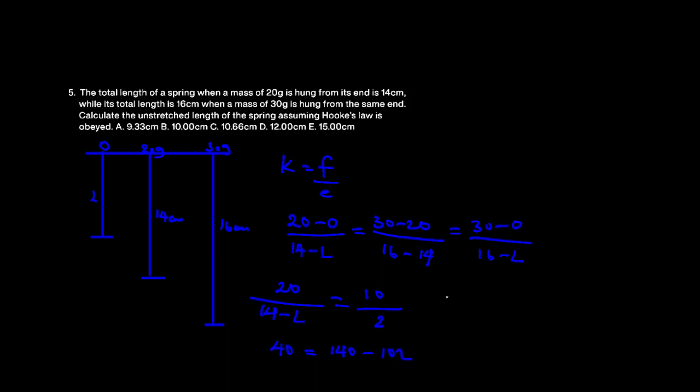So if I collect the like terms, I'm going to have that 10L is equal to 140 minus 40. So I will have that 10L is equal to 100. So L equals 100 over 10. And that will give us that the original length L is equal to 10 centimeter. And that will be the right answer to the question.